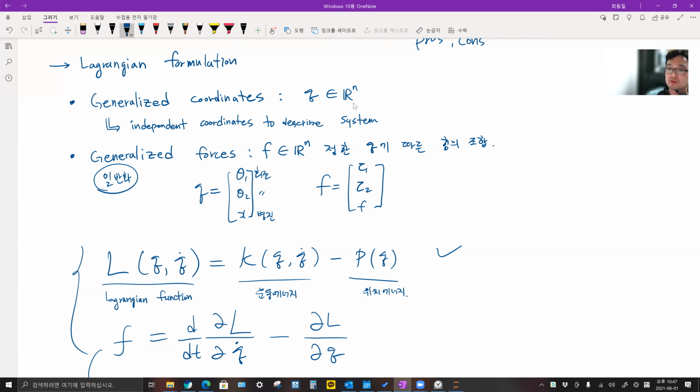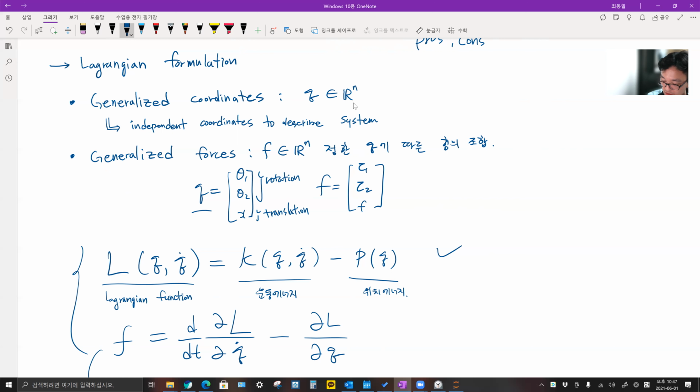If you define the generalized coordinate, there is a generalized force. So if the generalized coordinate q is theta 1, theta 2, x, this one is about the rotation, and this one is about the translation.